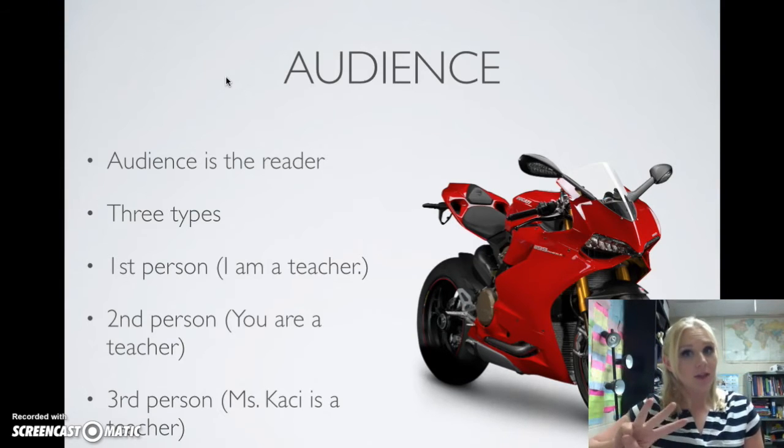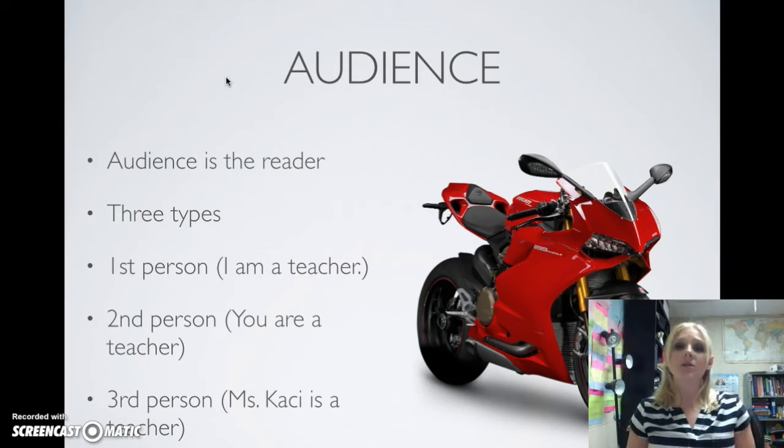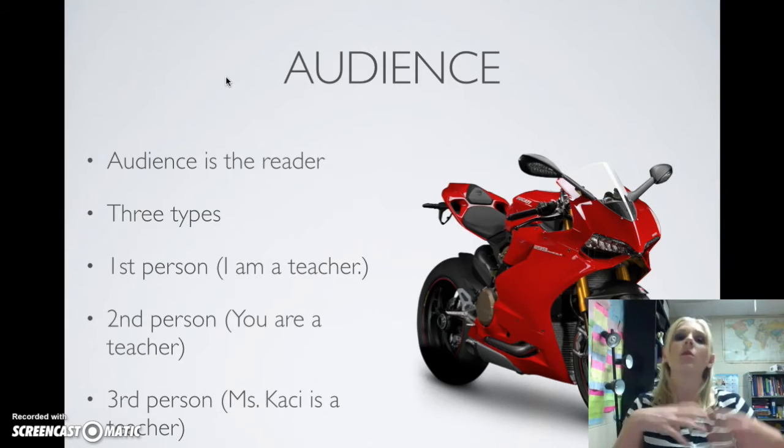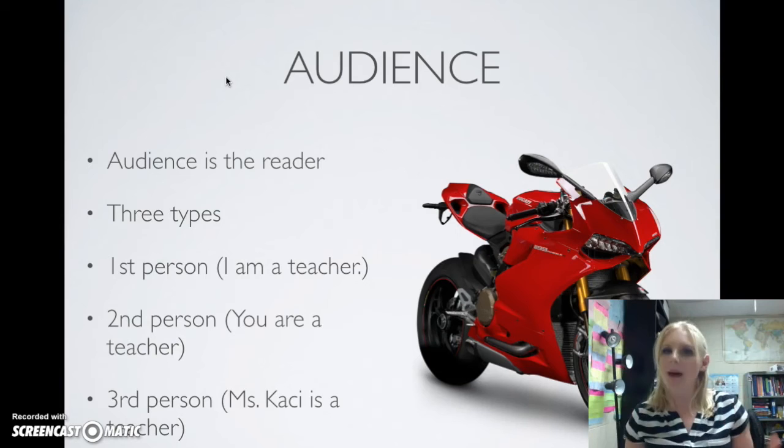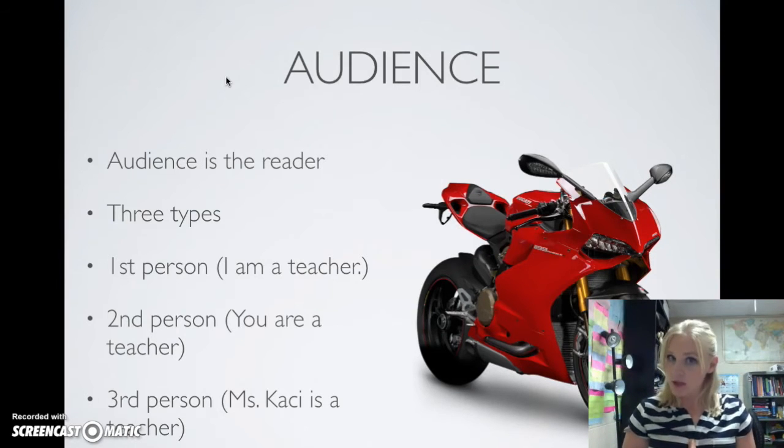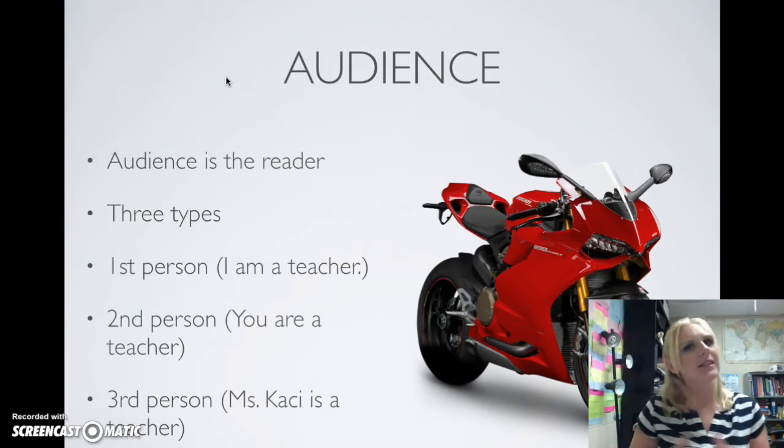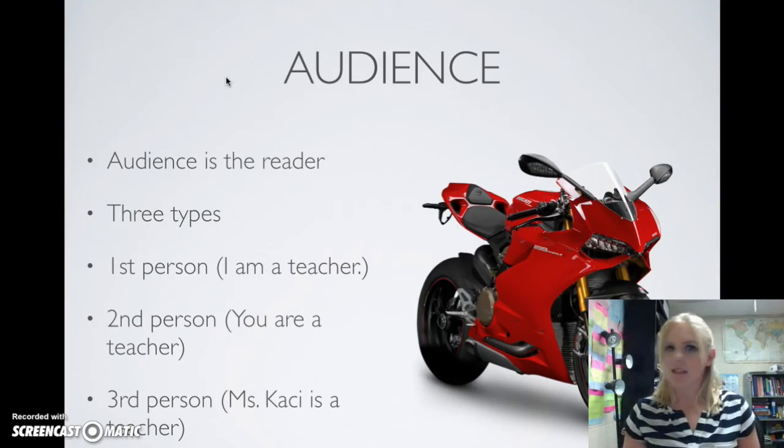Now third person is where you are going to use your name or someone else's name. You're talking about someone. You're not talking as someone, you're not talking to someone, but you're talking about them. So for example, if I was to speak in third person, I would sound like, Miss Casey thinks this, Miss Casey thinks that, Miss Casey says this, Miss Casey does that, or she thinks this, she thinks that.